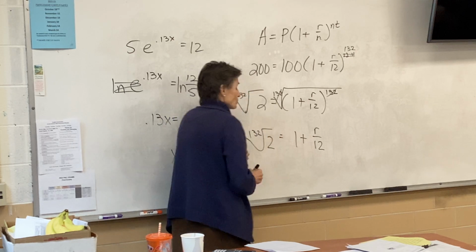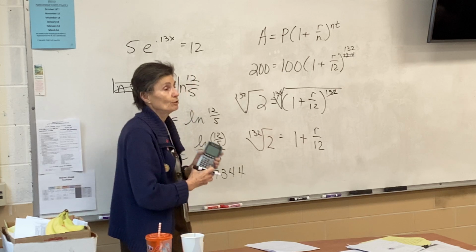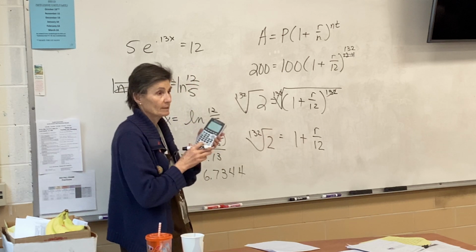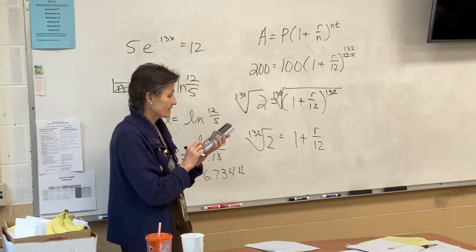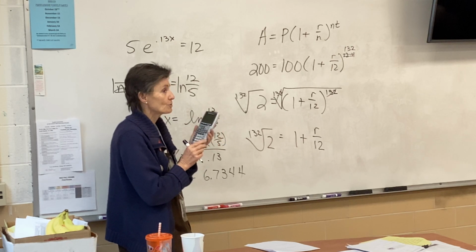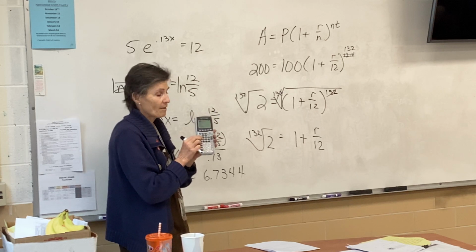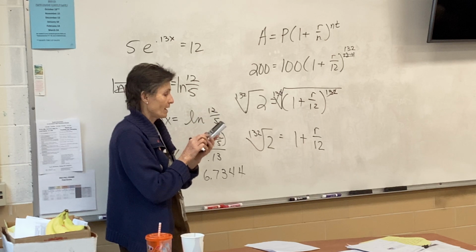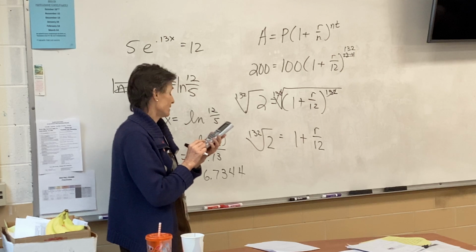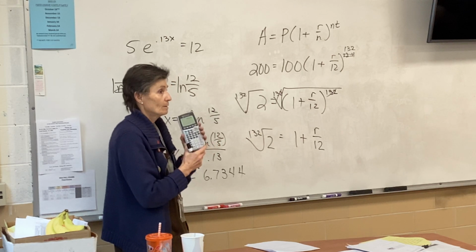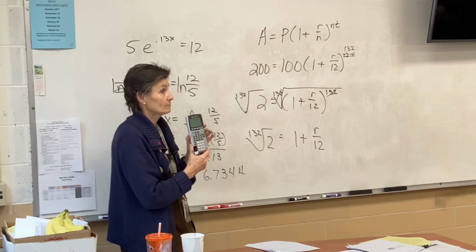Who remembers, because we went through it, how to get the 132nd root on our calculator? You type in the 132 first, and then math, option 5. 1.0053.